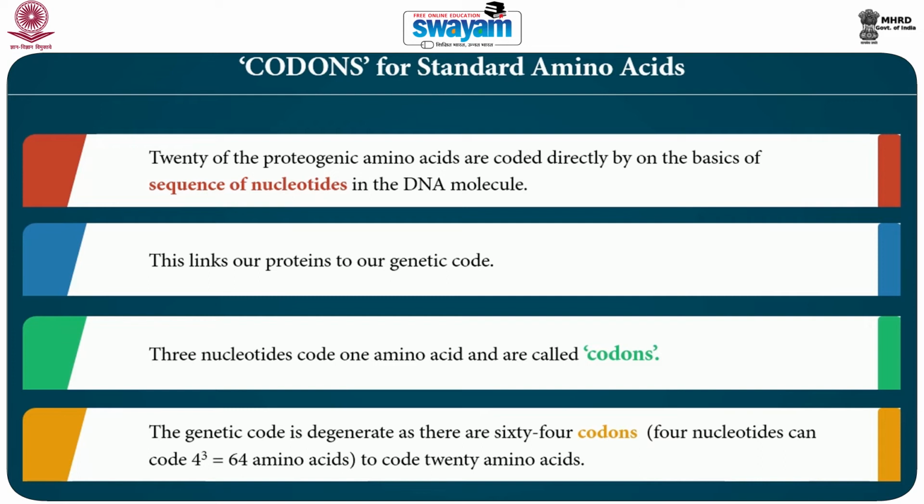Because there are 4 nucleotides, first position can be taken by 4, second by 4, and third by 4. So total it is 4 to the power 3 equal to 64 amino acid codons. But they code only 20 amino acids. So our codons are degenerate.